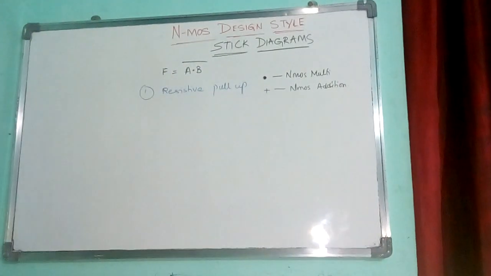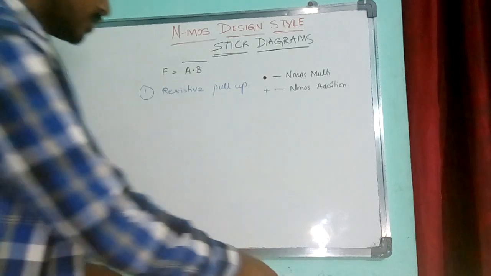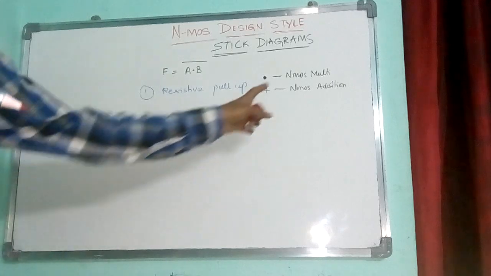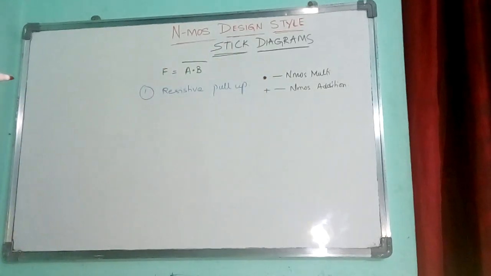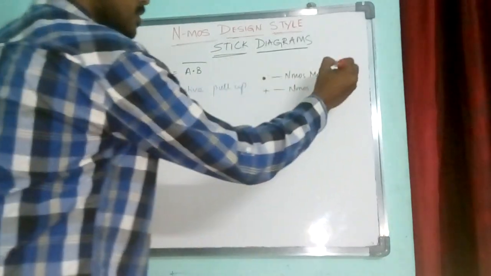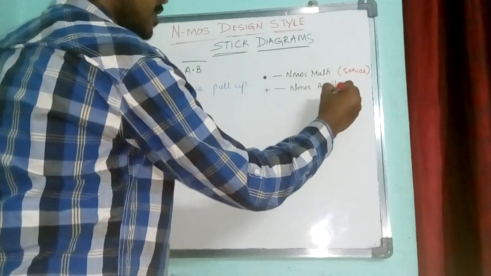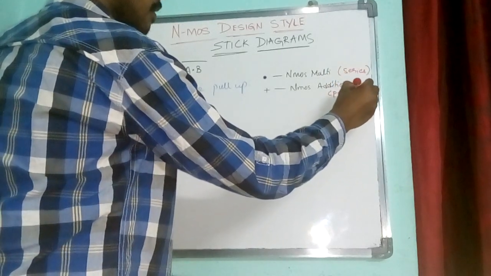So how this resistive pull-up looks is, whenever I go for A dot B, which is Nmos multiplication, the Nmos should be in series; for addition it should be in parallel.